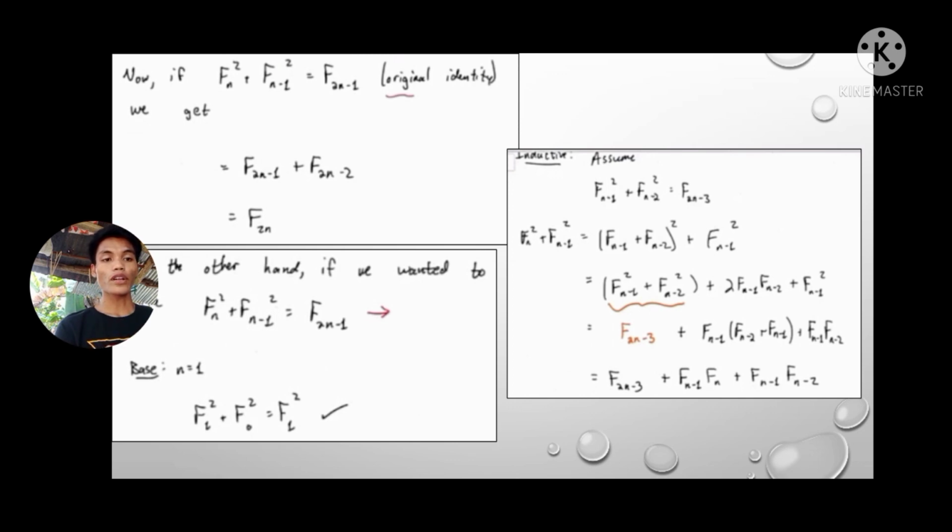If we simplify it, let's put first f sub n to the power of 2 plus f sub n minus 1 to the power of 2 is equal to f sub n minus 1 plus f sub n minus 2 to the power of 2 plus f sub n minus 1 to the power of 2. So the result is f sub 2n minus 3 plus f sub n minus 1 multiplied by f sub n plus f sub n minus 1 multiplied by f sub n minus 2.